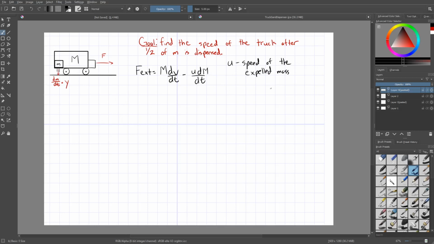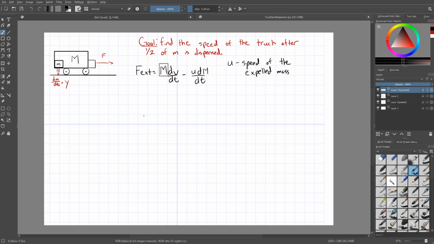In order to relate this equation to the problem, we're going to have to make a couple substitutions. The first is asking the question of what really is this variable m right here. Naturally, this car isn't going to have a constant mass because it's emitting some of the mass.